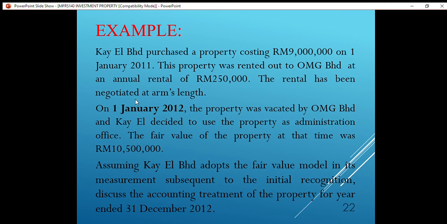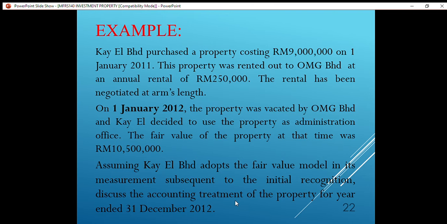On 1st January 2012, the property was vacated by OMG Berhad, and KL decided to use the property as administration office. The fair value of the property at that time was RM 10,500,000. Assuming KL Berhad adopts the fair value model in its measurement subsequent to the initial recognition, discuss the accounting treatment of the property for the year ended 31st December 2012.